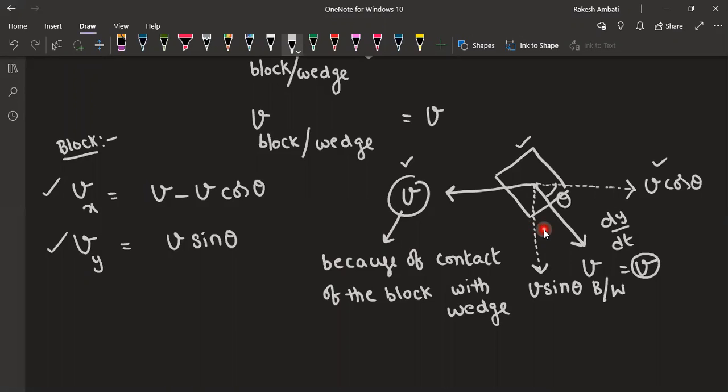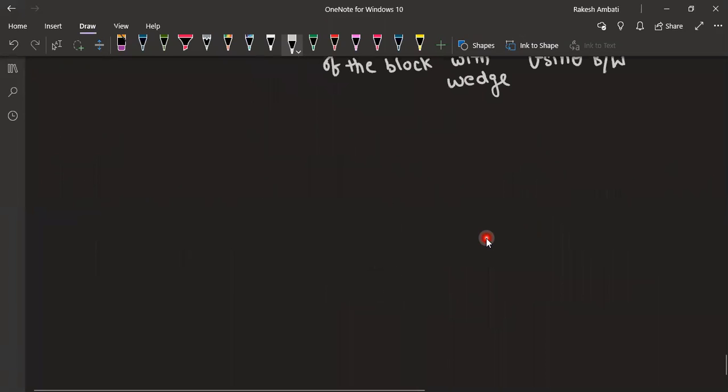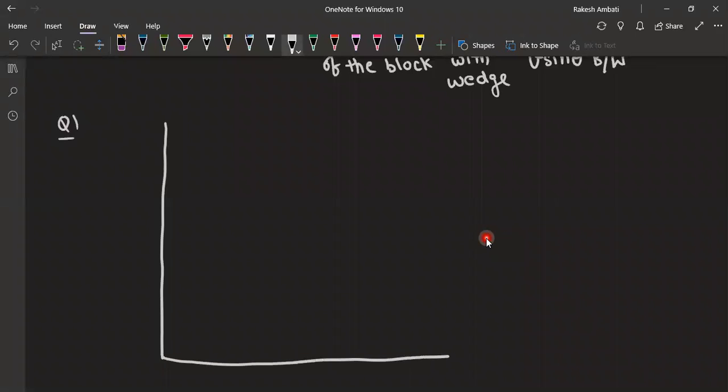Right, next example, second example. Next question. For example, it is a vertical support and it is a horizontal support. And here we have a wedge.